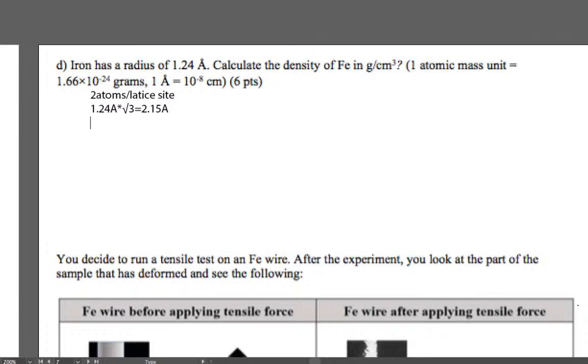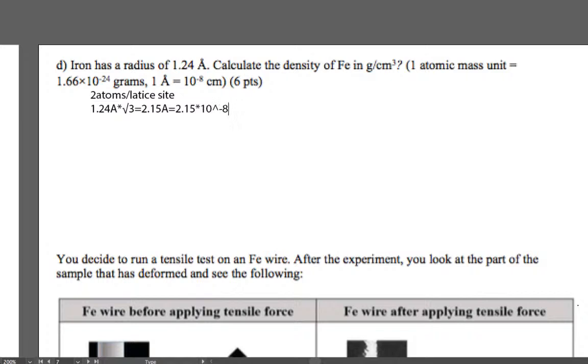And so when you have this, we want to convert it first into centimeters. So yeah, that's 2.15 times 10 to the power of negative 8 centimeters.